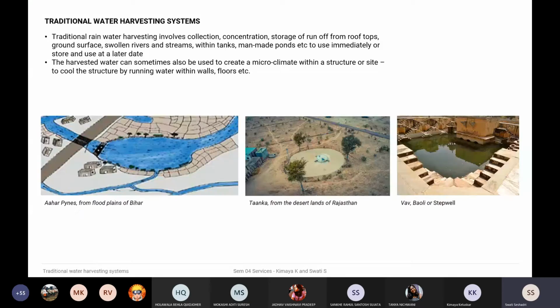So what we're looking at is, we've just classified it into three broad possibilities, but there are various iterations to these as well.